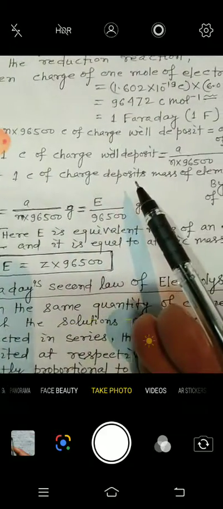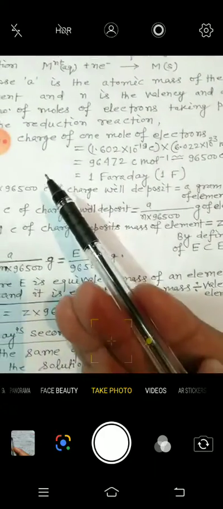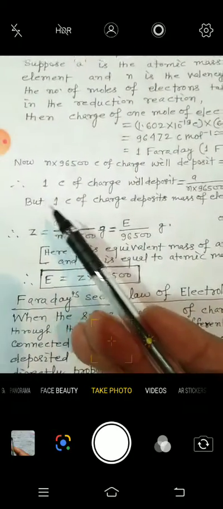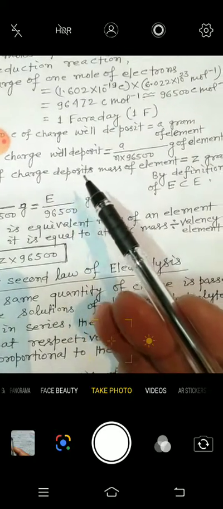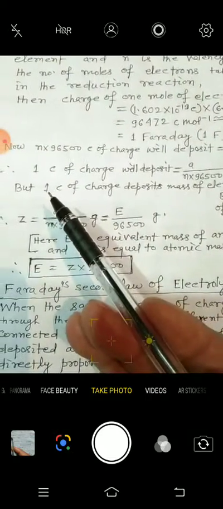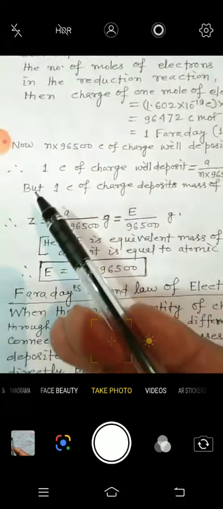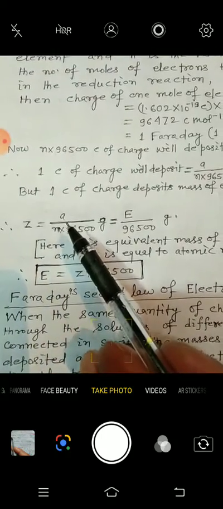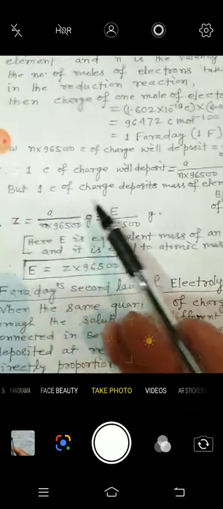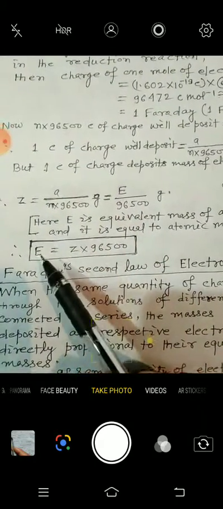But 1 C of charge deposits a mass of the element equal to Z gram according to the definition, just as I taught you in the definition of the electrochemical equivalent: when 1 coulomb of charge is passed, the mass deposited is equal to Z. So Z will become equal to this much, because 1 coulomb by definition is equivalent to Z.